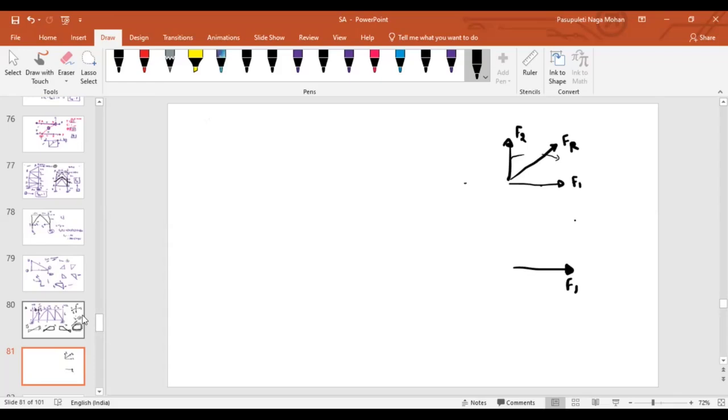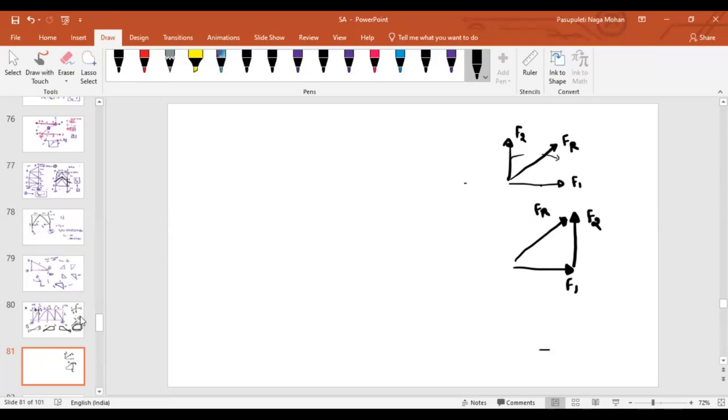I shift F1 here. This is my F2. And then what I can do is represent my resultant force F4.